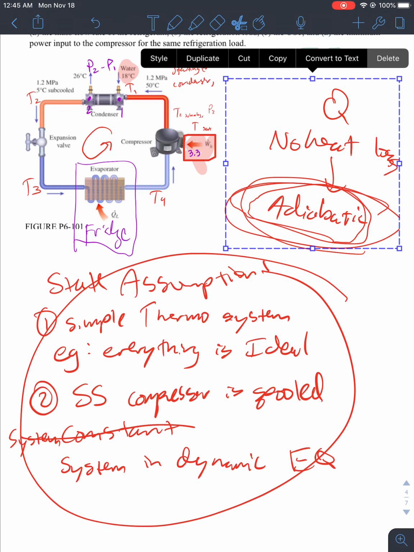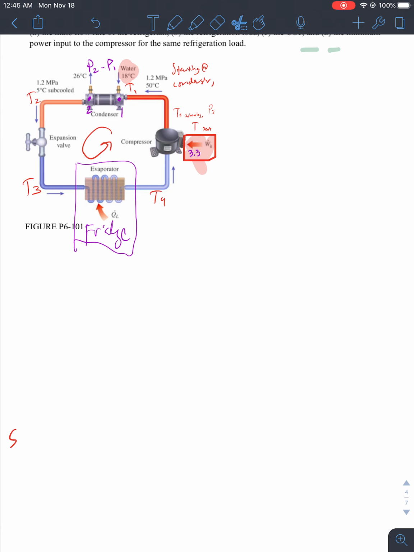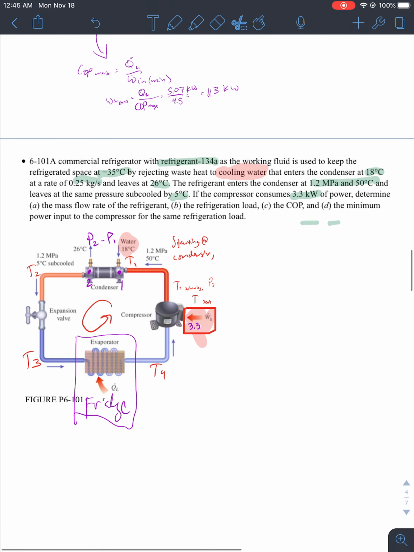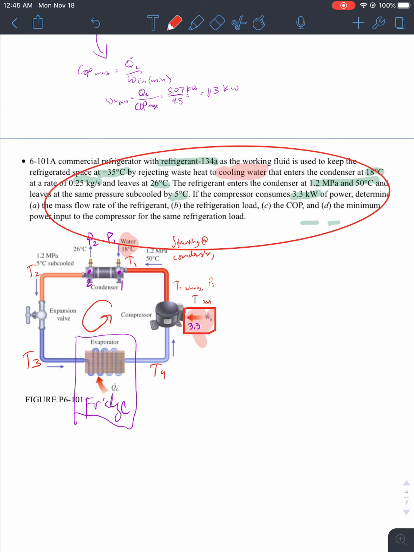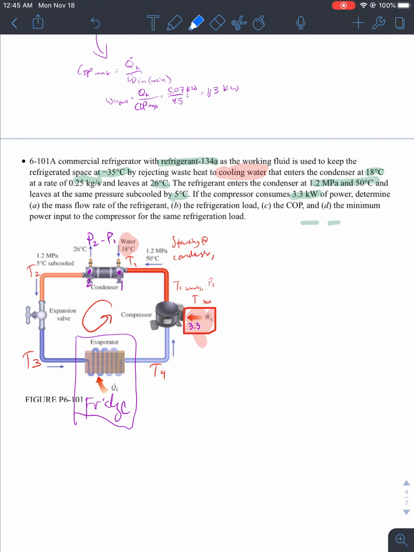Step 2 is to make a list of all the data and get the property of all of the states. So let's see. Here's info point 1. The refrigerant is R134a. It's not an ideal gas.